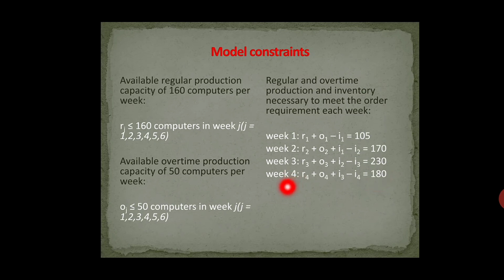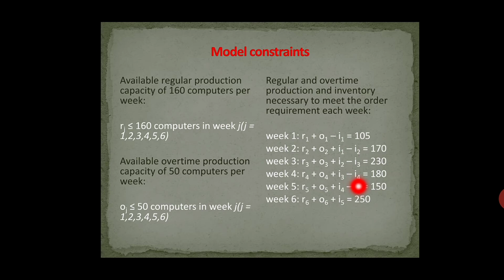For week 4, R sub 4 plus O sub 4 plus I sub 3 minus I sub 4 is equal to 180. And for week 5, R sub 5 plus O sub 5 plus I sub 4 minus I sub 5 is equal to 150. For the 6th week, R sub 6 plus O sub 6 plus I sub 5 is equal to 250.